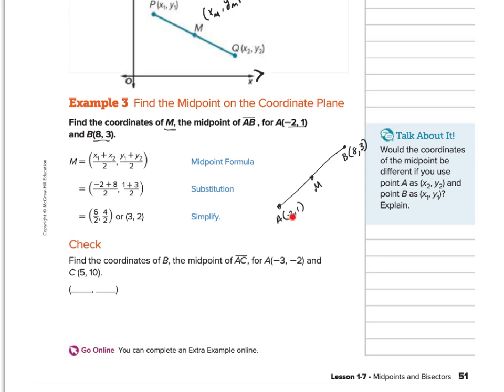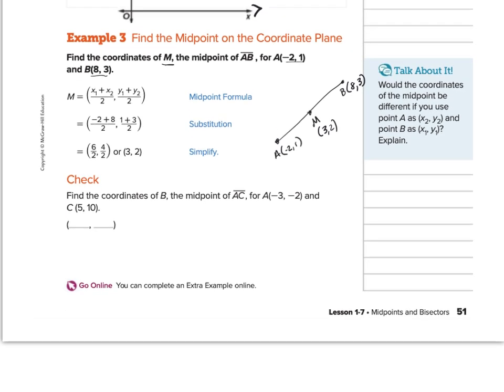We have -2 plus 8 divided by 2, and then our y value, 1 plus 3 divided by 2, and those simplify down to 6/2 and 4/2, or 3 and 2. So my midpoint is (3, 2). Just being able to do that, it didn't matter, as long as I knew what my endpoints were.